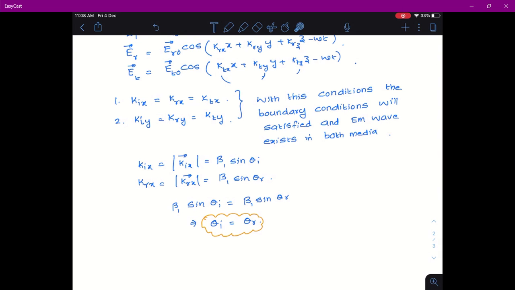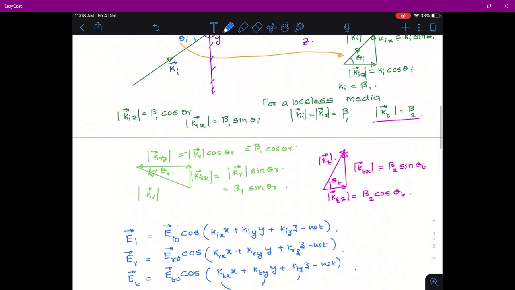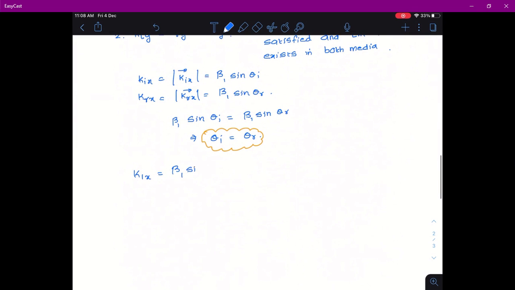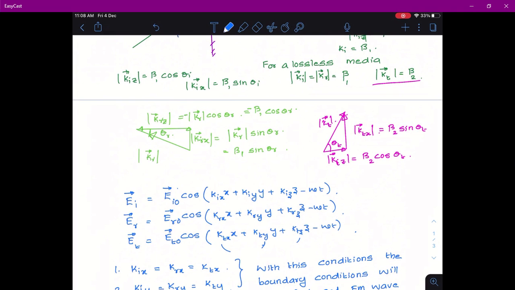Okay. Now let's look at the second condition. It says that the x component of the incident vector should be equal to that of the transmitted vector. So Kix is equal to beta 1 sin theta i, and the transmitted vector along x is beta 2 sin theta t.